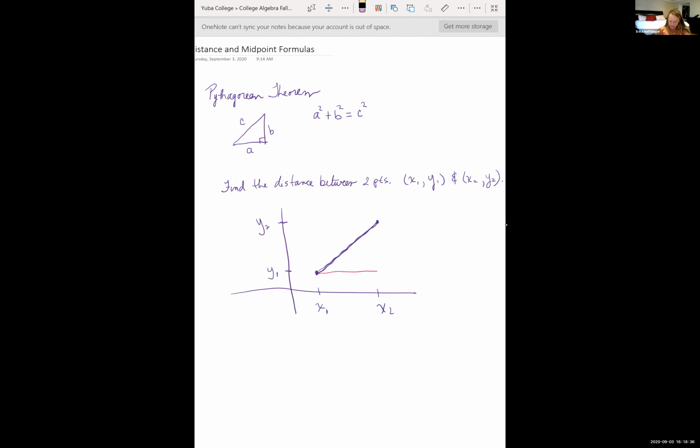So a horizontal line between that, and then a vertical line. And so we want the length of this, and we want the length of each leg. So the horizontal and the vertical side of this triangle.